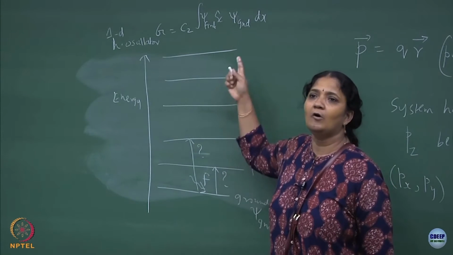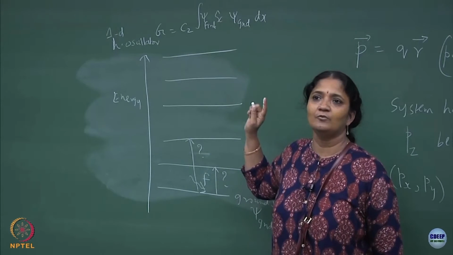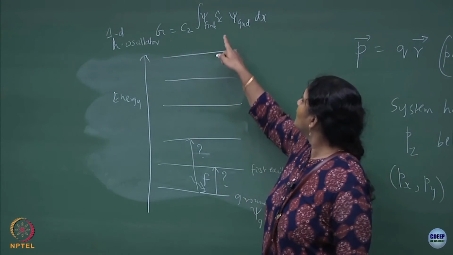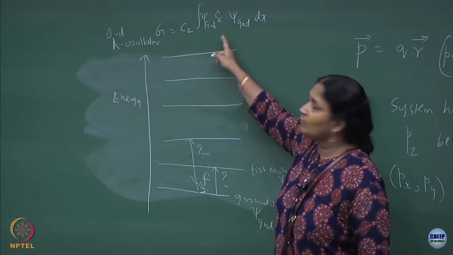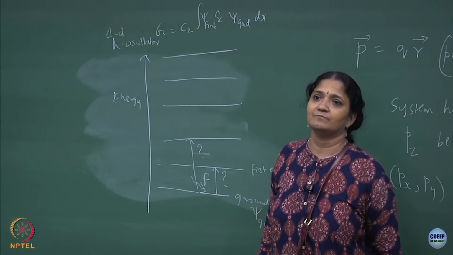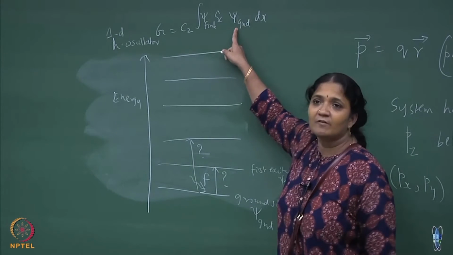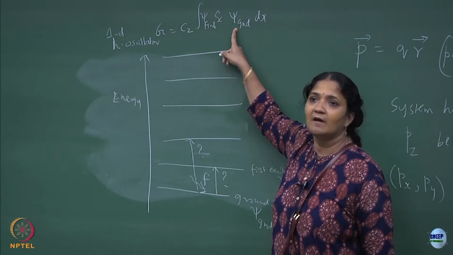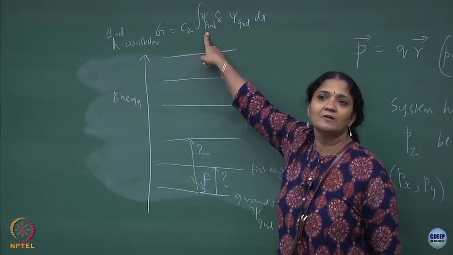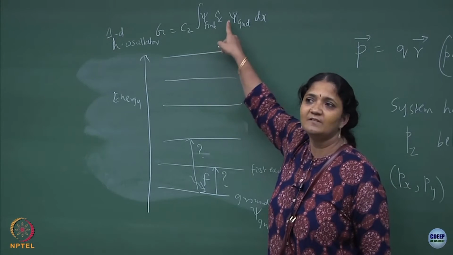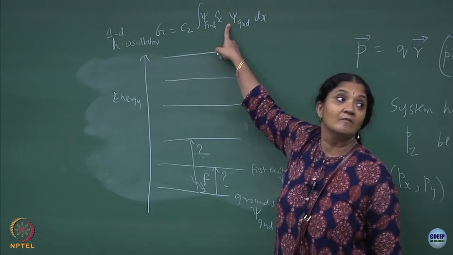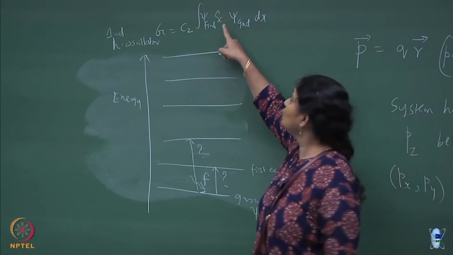You all know how to do this, right? Which one will be non-zero, which one will be 0 is the question. If this was an even function and this one is also an even function, will this be 0 or not? 0, right? So, you know that.